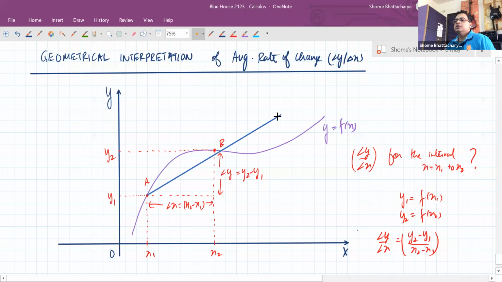We give this type of straight line a special name. It is called the secant line. You might have heard the term before. It is a secant line joining the points A and B on the graph, and the slope of the secant line is the geometrical meaning of the term average rate of change.